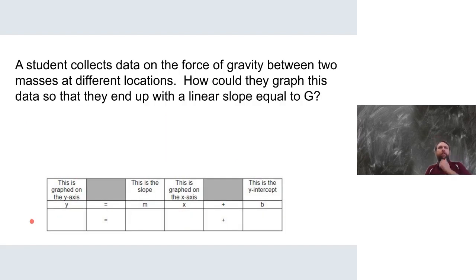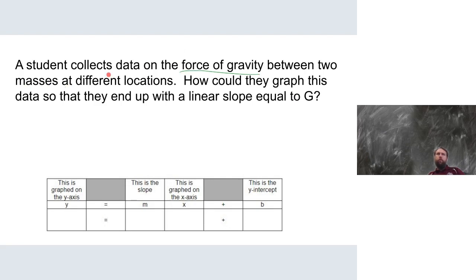All right. So in the next example, a student collects data on the force of gravity between two masses at different locations. How could they graph this data so they end up with a linear slope? So we're comparing the force of gravity between masses at two different locations.